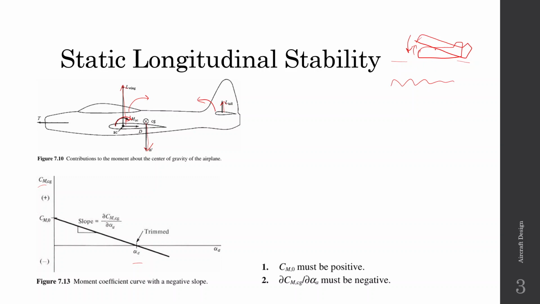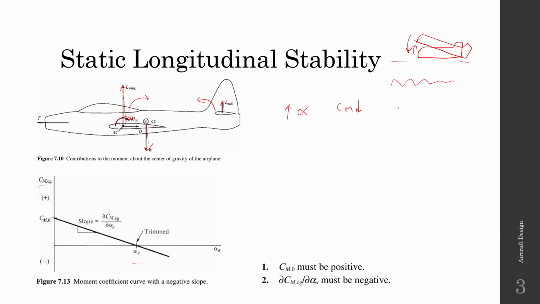When the alpha increases, we want there to be a moment which brings it back to the trim condition. So we want that when alpha increases, Cm should decrease.